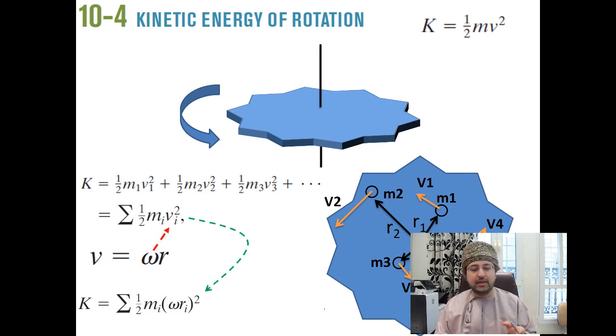I get K equals half mi omega r, the whole thing squared. Now just rearranging that, omega is fixed for any point in a rotating body, so we can take it out of the sum. So we get half omega squared and then the sum mi ri squared, which I like to call mi ri 2.